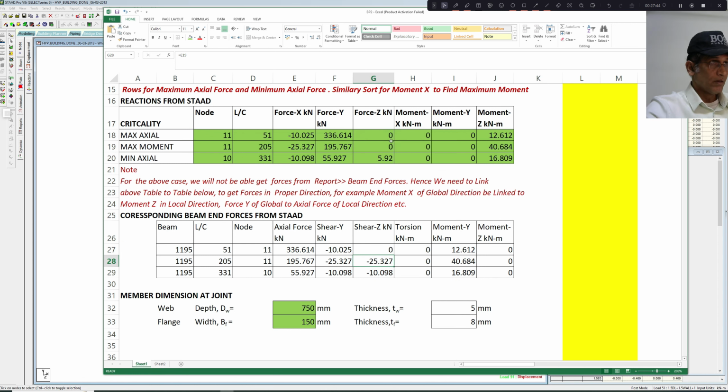This is, see, these global axes are being linked to the local axis of the member, and moment Y should be this one.